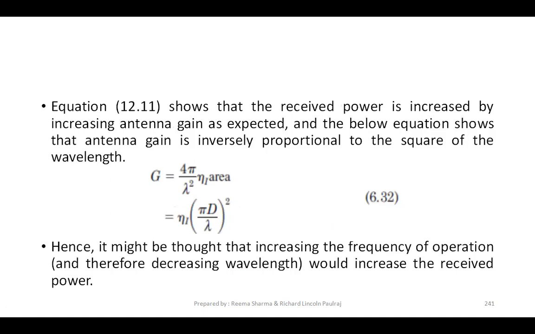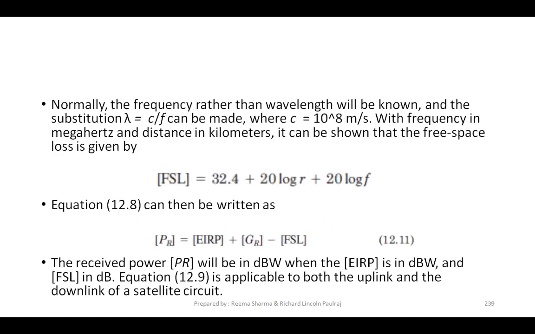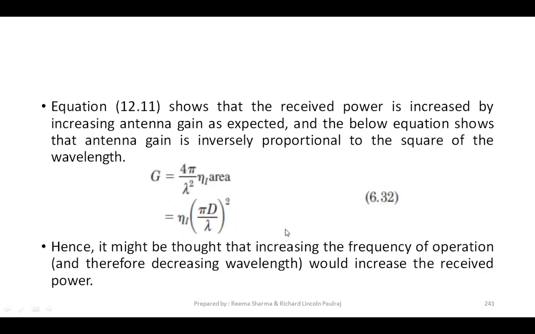Similarly now, with equation 2.11, when are we going to use it? It shows that the received power is increased by increasing the antenna gain. So as the gain is increased, the power is also increased. That's the meaning of gain.